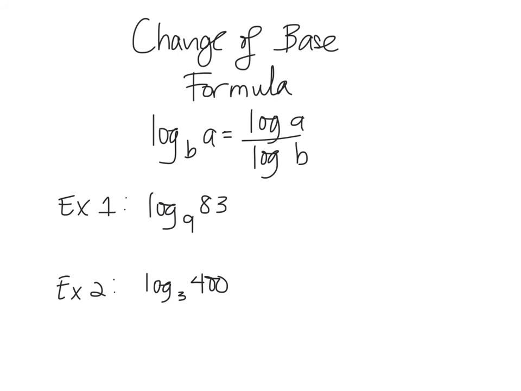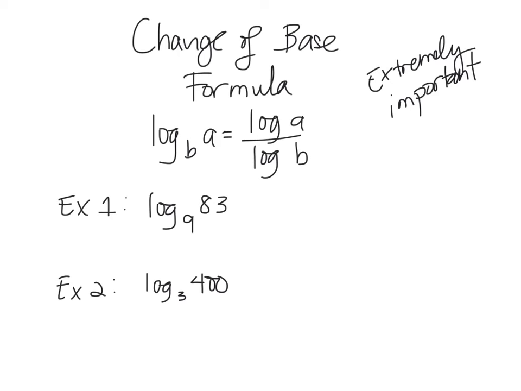So the last thing we're going to talk about is this change of base formula. This is also extremely important because this will help you solve any logarithm. So if we look at example 1, first the formula: log base b of a is equal to the log of a divided by the log of b.